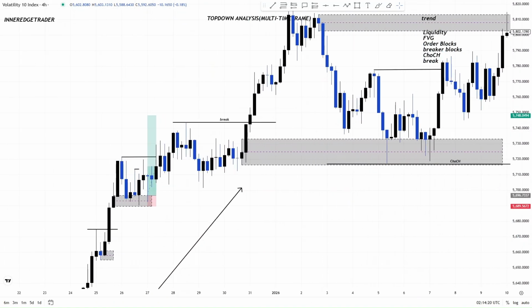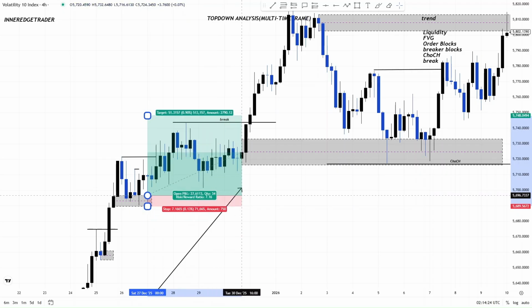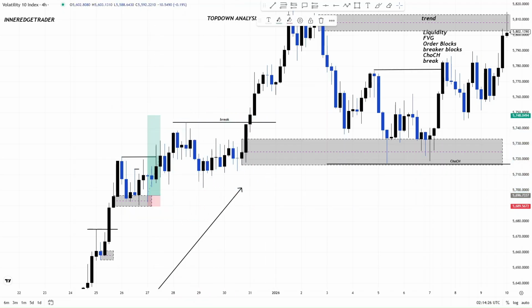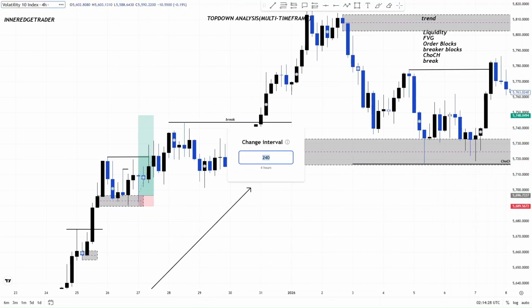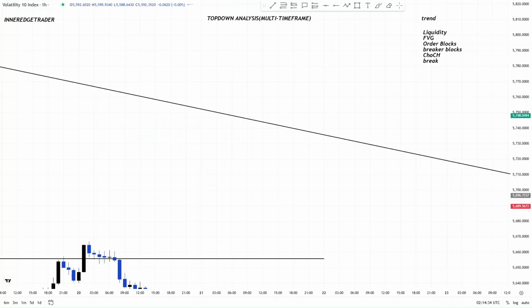So market making higher highs here. After a break, what do you expect after a break? You expect a retracement to the downside, and that retracement to the downside was possible.